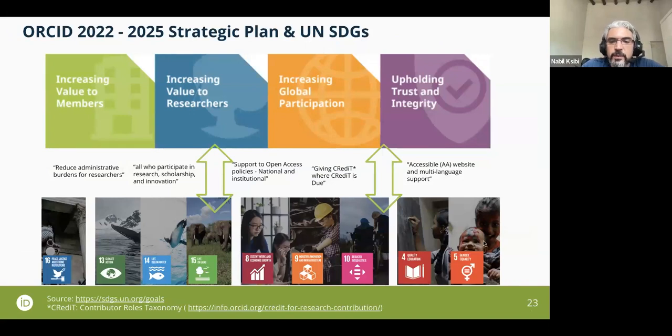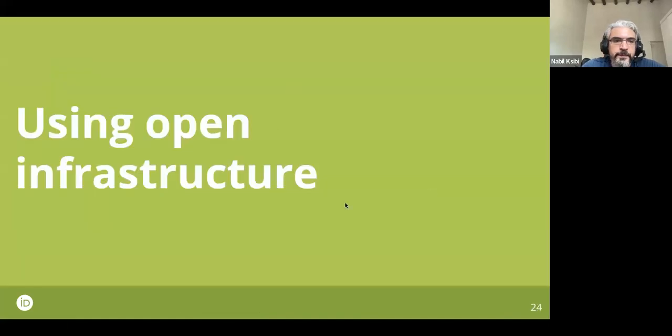And as you can see, we touch different SDGs, including basically the ones most related to quality education and infrastructure, where the use of the ORCID registry and ORCID APIs are a plus to reach these objectives.